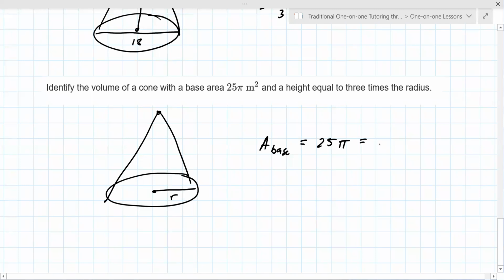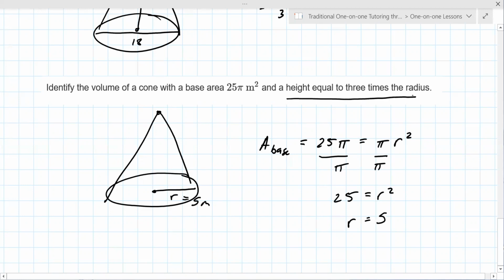It's pi r squared. So you can divide both sides by pi, and r equals 5. So r equals 5 meters. The height is 3 times the radius. So how tall is this thing? That would be 15 meters.